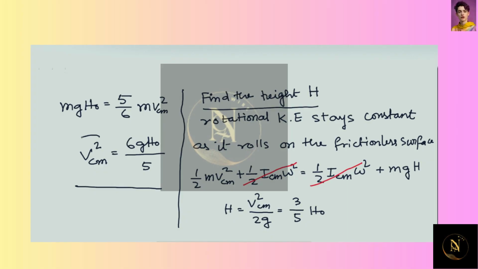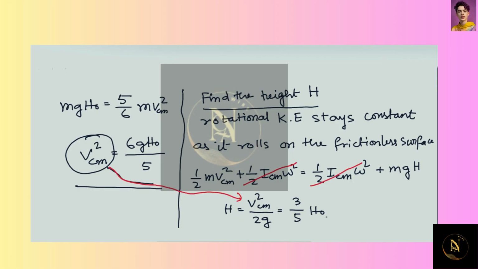Now we can borrow this expression from the previous part and substitute back here. If we do so, we'll see that h is in terms of h naught, and this factor is less than 1, so that means the final height h is less than the initial height.